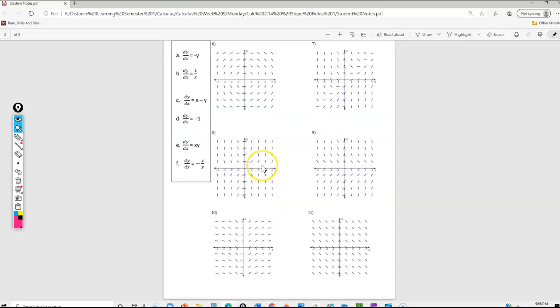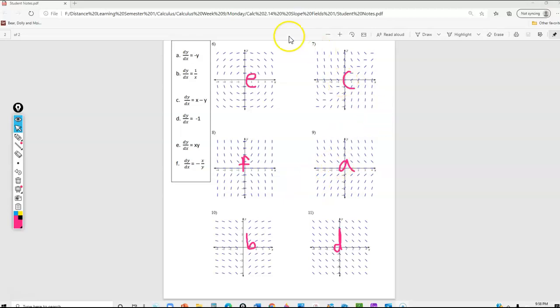So pause the video here and see if you can match the correct slope field to the correct equation. And remember, try to go through that strategy I shared with you. Rows, columns, zeros, random. Okay? Pause the video. When you unpause it, you'll have the solution. Okay, and there's your guys' solutions.